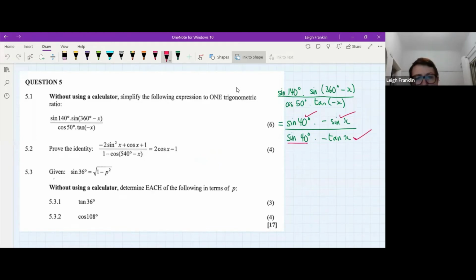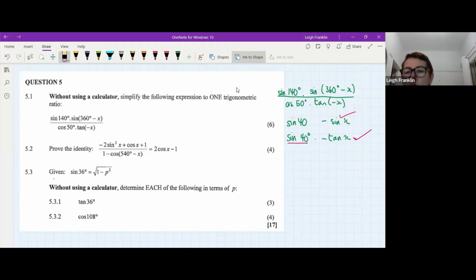My question was wrong. That's okay. Can I use co-ratios after reducing? Yes. I turned my sine 40 into a cos 50 degrees. Perfect. Absolutely, not a problem at all. So in other words, you just did yours a little bit differently to me.